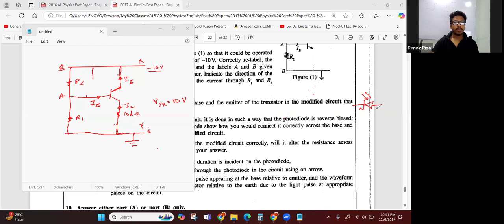So this is N, this is P. So P should come this side, and then connect here. I think it's like this. I'm not sure. Let's check.